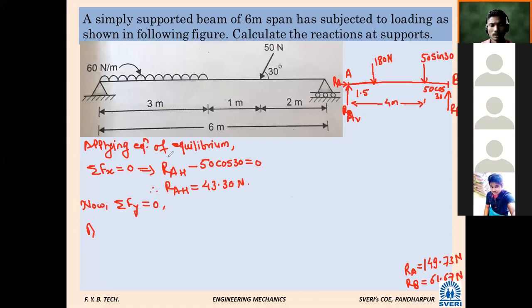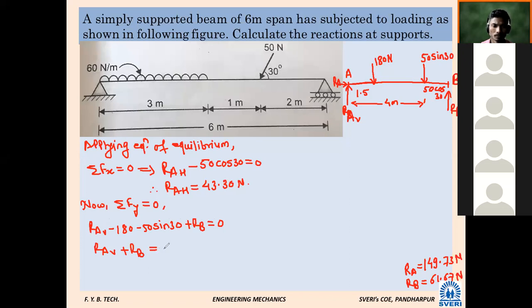Am I audible? Yes. What is this value? 205.